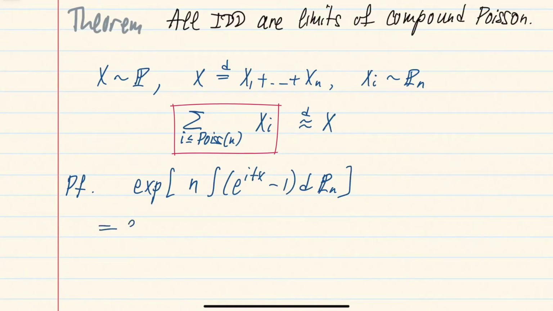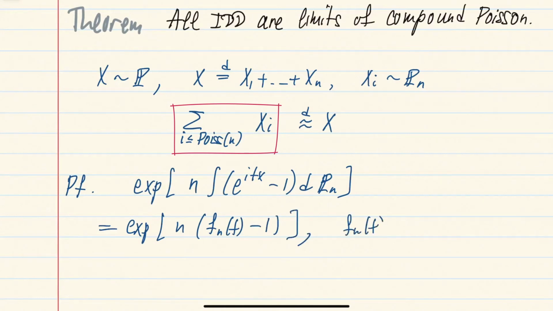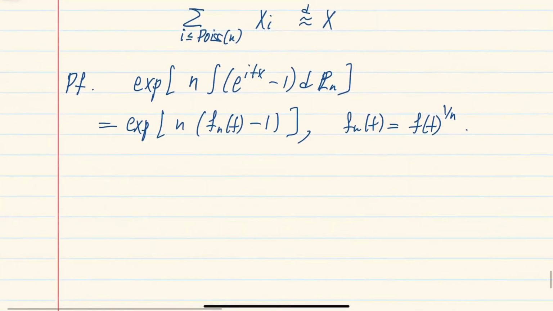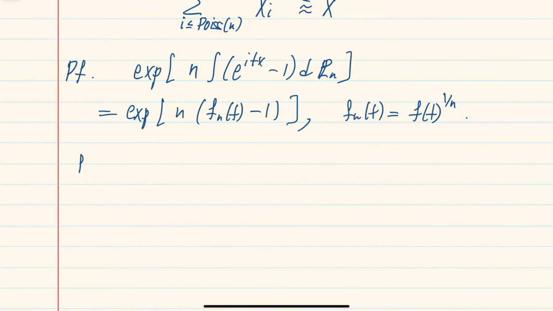Or in other words, this is exponential of n times (fn of t minus 1), where this characteristic function fn, of course, is the nth root of the characteristic function of our original distribution. And then, as we'll do in a second, you can check that this indeed converges to the characteristic function f of our original distribution.